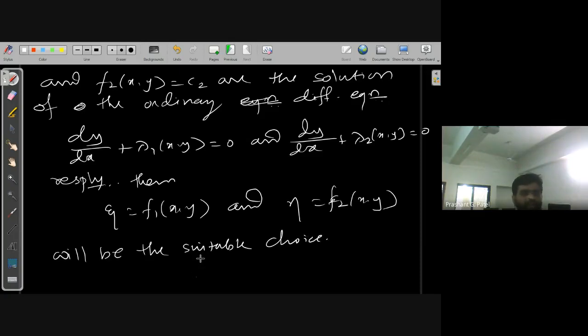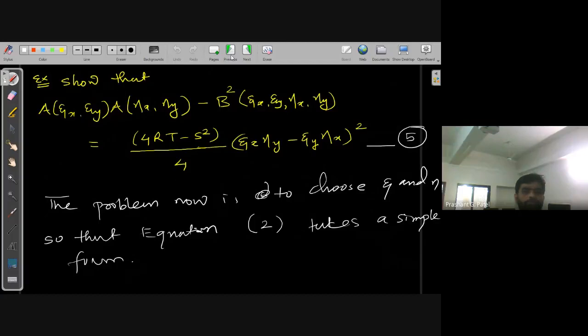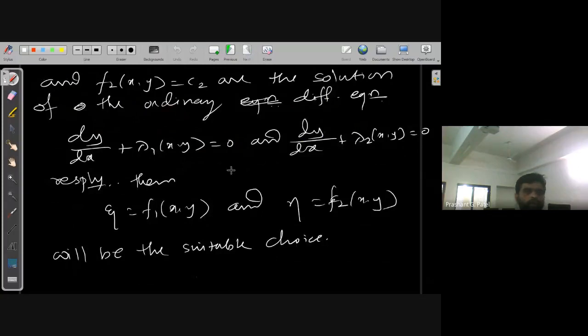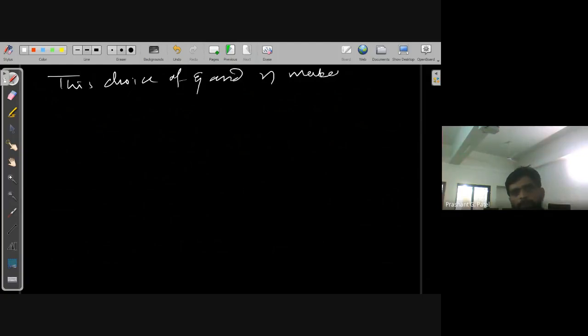And this choice of xi and eta will lead to the value of a, which we have already talked about in this equation, being 0. So this choice of xi and eta makes a of xi x, xi y and a of eta x, eta y equal to 0.